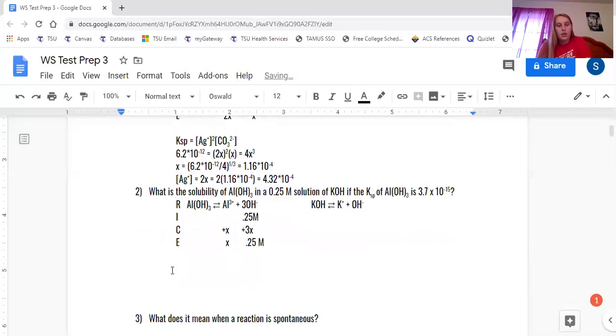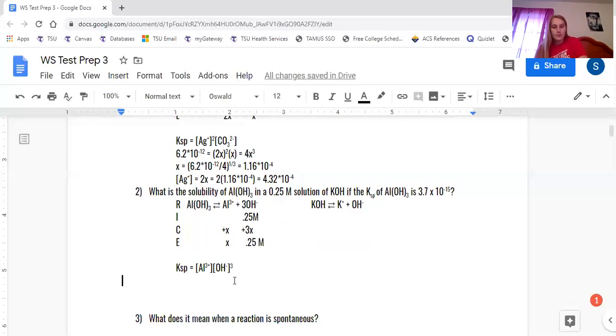It's going to be the concentration of our Al3 plus times the concentration of our OH minus to the third power.